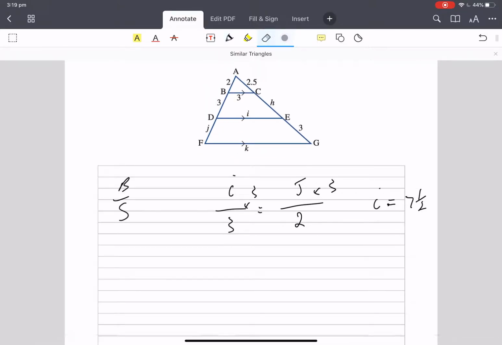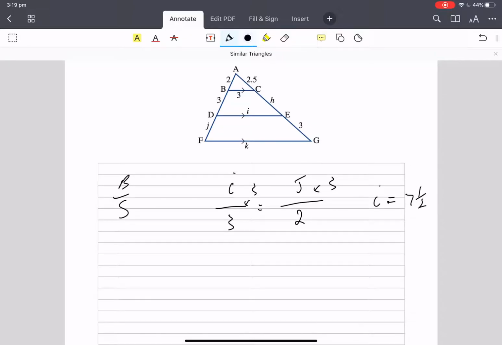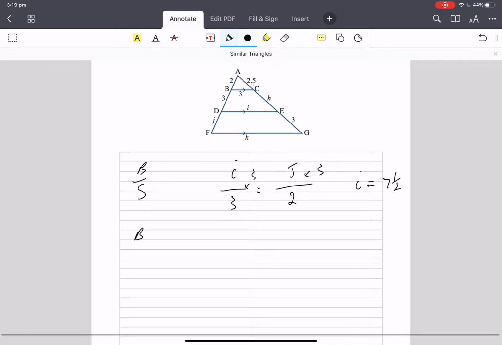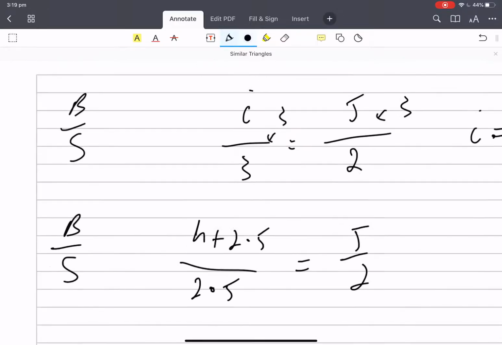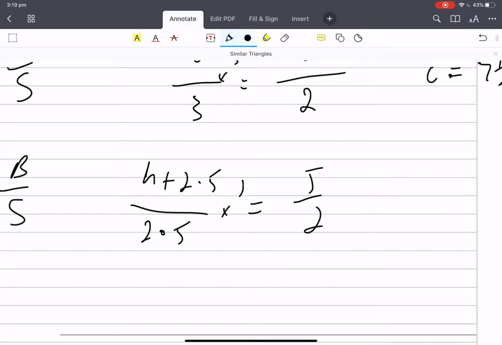Okay, H. Let's use that same BS, 5 on 2. So now I've got, that is my big, H plus 2.5 on my small, 2.5. I'm going to multiply both sides by 2.5.